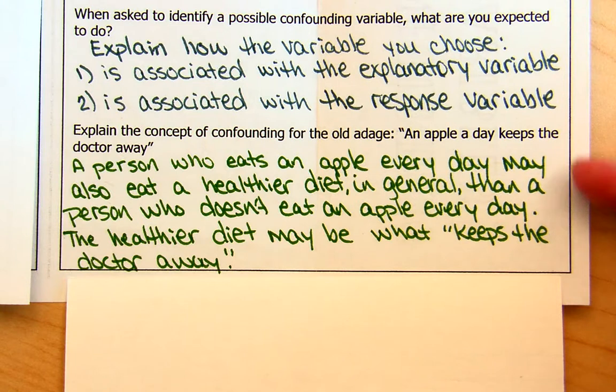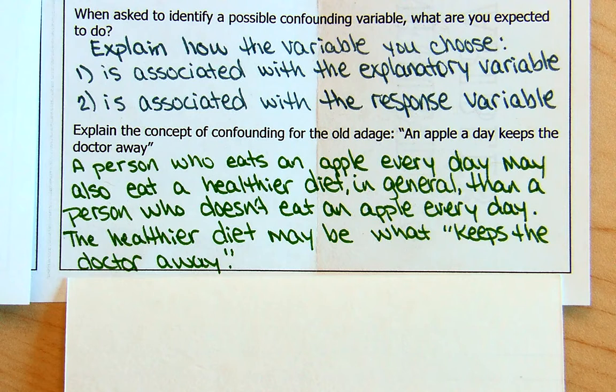So you see this first sentence is dealing with the explanatory variable. This is what explains it. Is their healthier diet? That explains the difference. And then the second part is how it affects the response variable. That's what keeps the doctor away, or keeps them home. So you have to tie it to each variable.